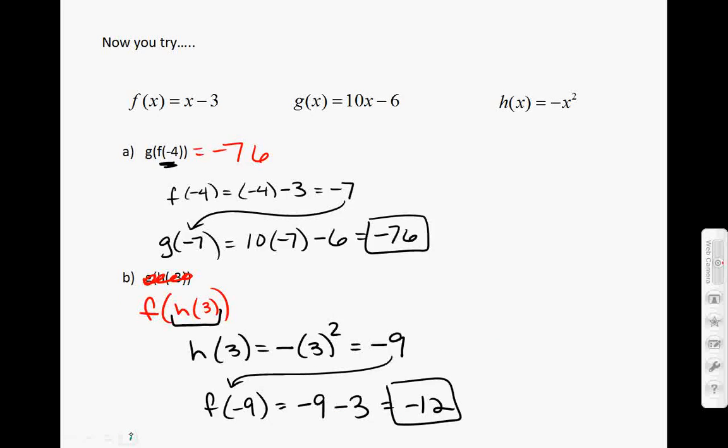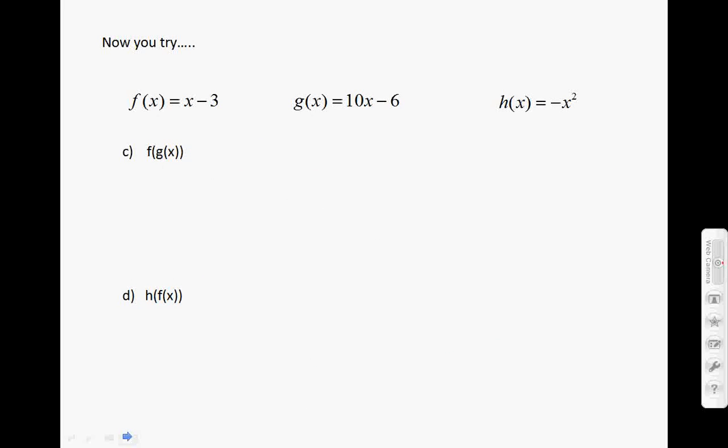Okay, I want you to try on your own. Evaluate f of g of x and h of f of x. So press pause, and then when you're ready to check your work, press play. Okay, f of g of x. If you evaluated it correctly, you should have gotten 10x minus 9.